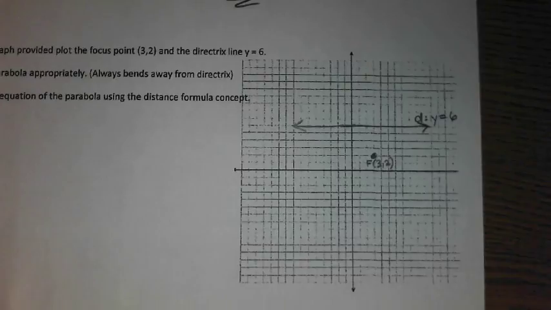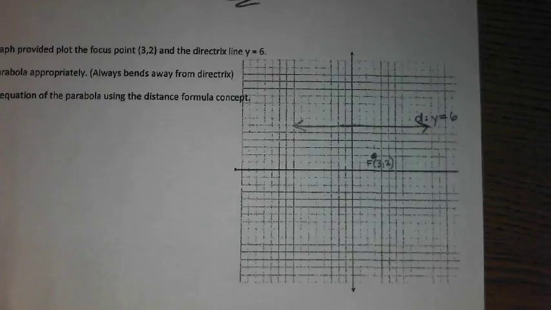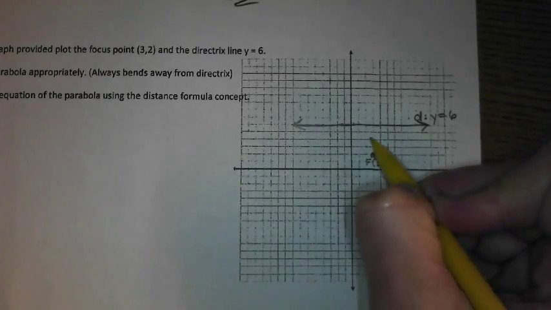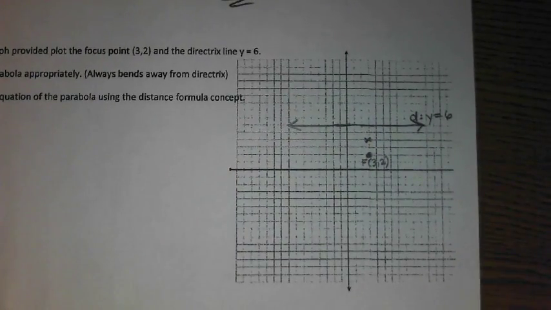So where is the most obvious point that's an even distance away from both of these, from the focus and from the directrix? What would the coordinates be, Andrew? 3, 4. So he's pointing right here. He's saying this point is an equal distance away from the directrix as it is from the focus. Do we all agree? That is 100% the most obvious one.